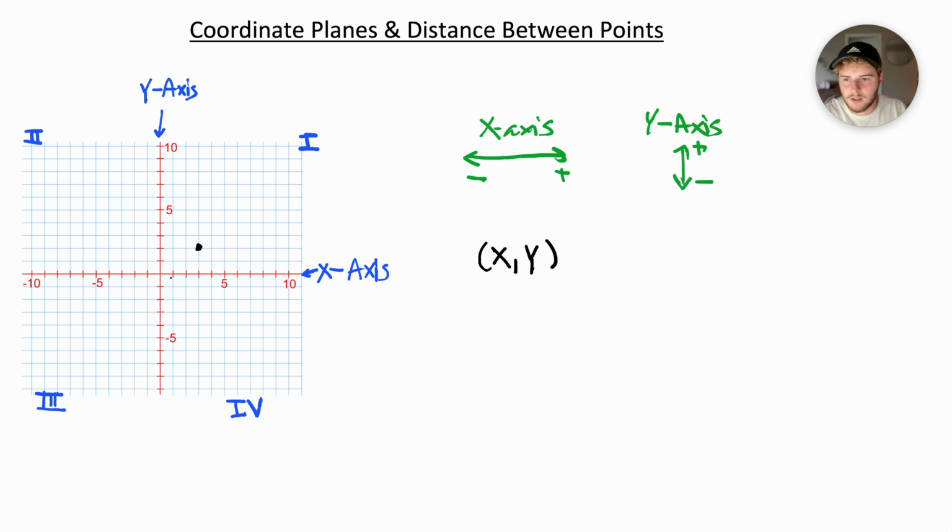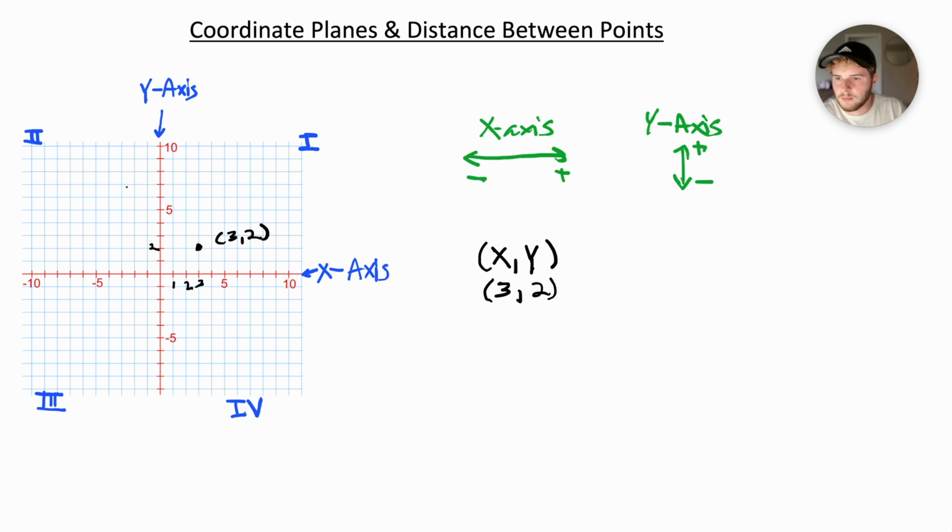So right here we got 1, 2, 3, and that's for the x. And then for the y, we can count out 1, 2. And that's for the y. So this point we could describe as (3, 2).